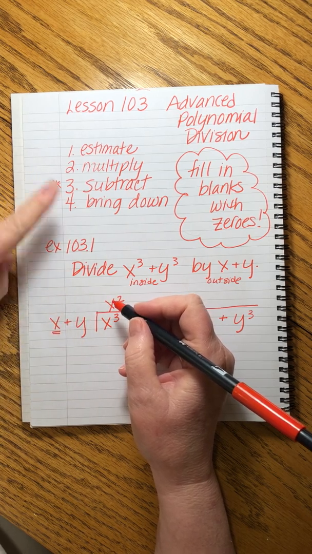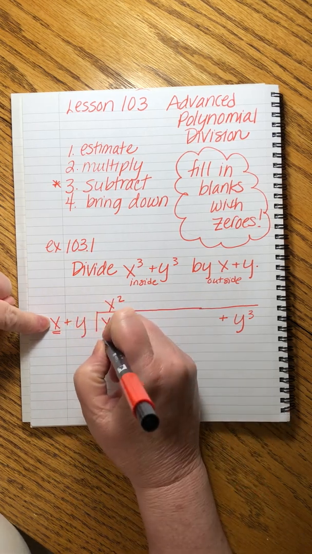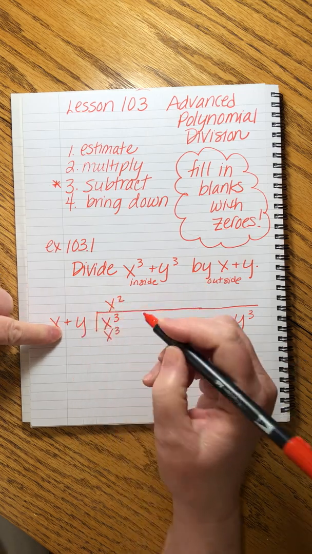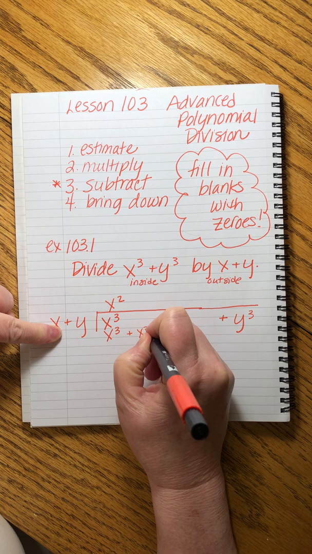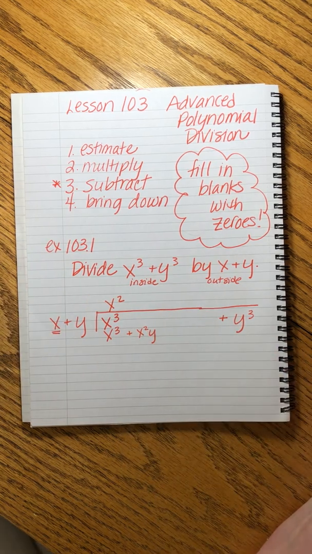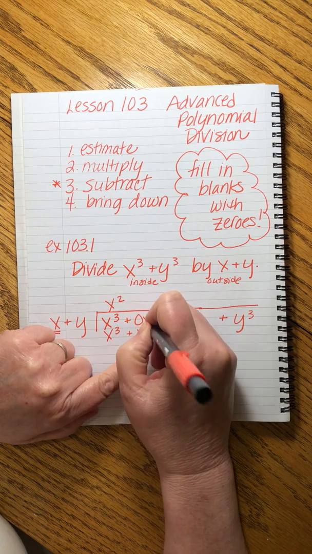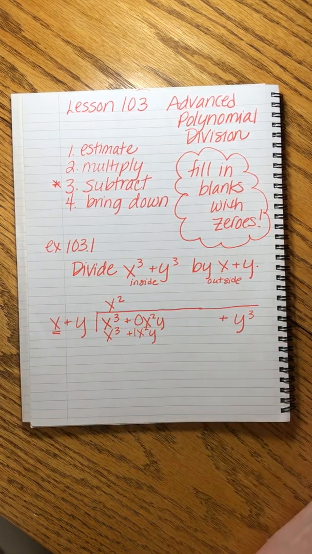Estimating, just one part. Multiplying, both parts. So I'll multiply this, and sure enough, there's my x cubed I get back. But now when I multiply here, I get plus x squared y. Okay, so I know I need a term here that is 0 x squared y. And this has an invisible 1 in front of it, all right?